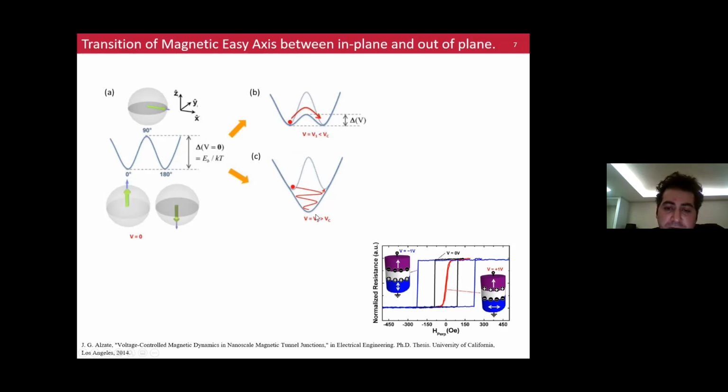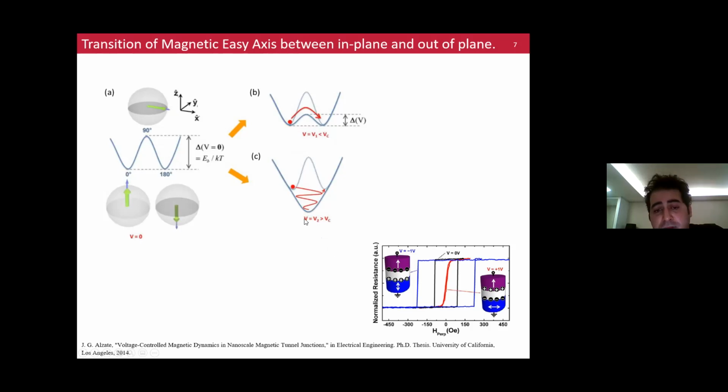But if we increase the applied voltage higher than the critical voltage, we create a new energy minimum here at 90 degrees, which means the XY plane. It means the XY plane becomes an easy plane.